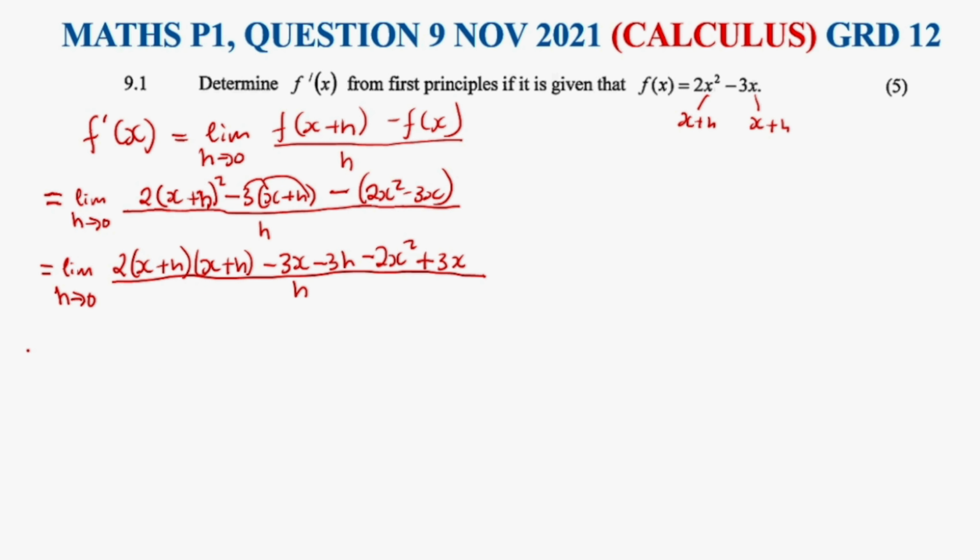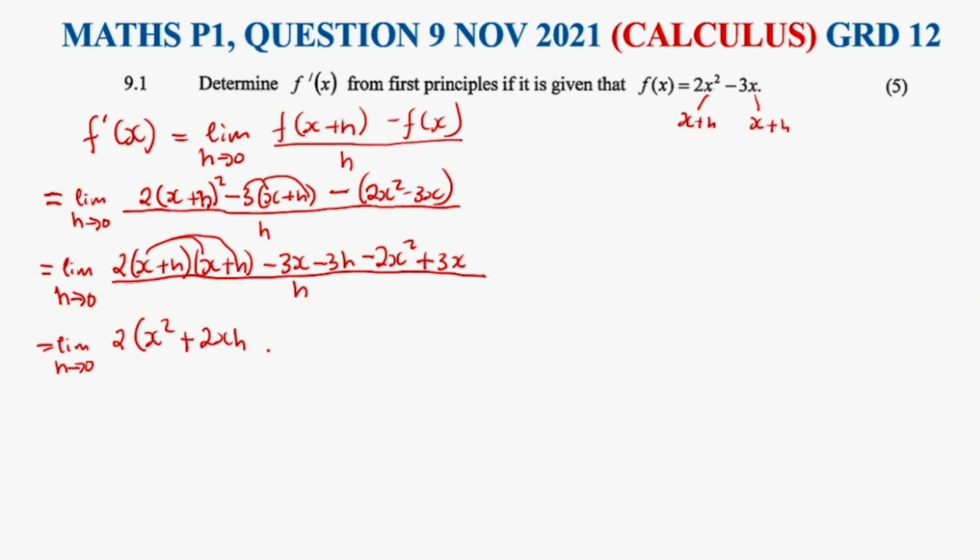Now let's say limit as h approaches 0, we need to keep the 2. Then we need to simplify the binomial here: x times x is x squared, x times h is xh, and there are 2 of them, which gives us 2xh.